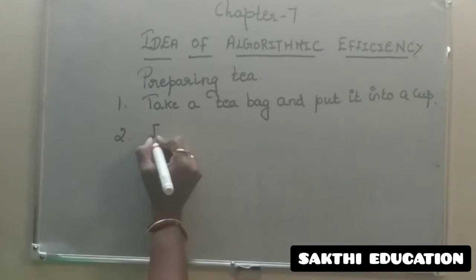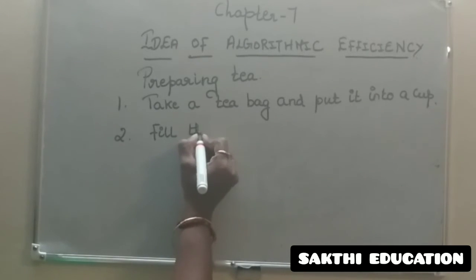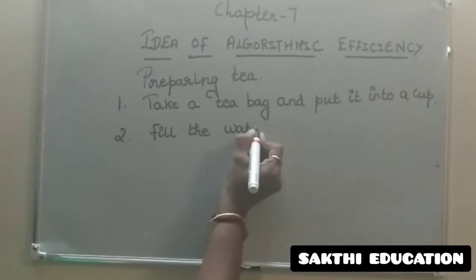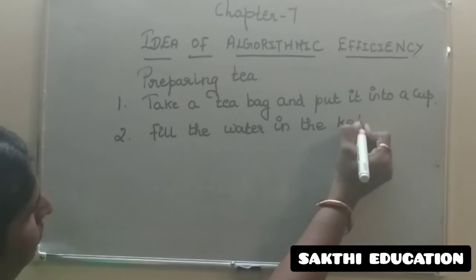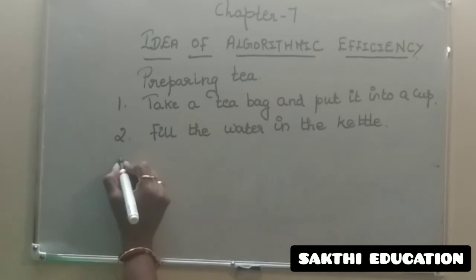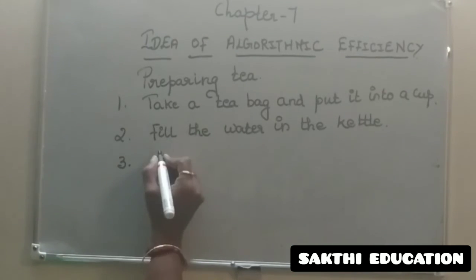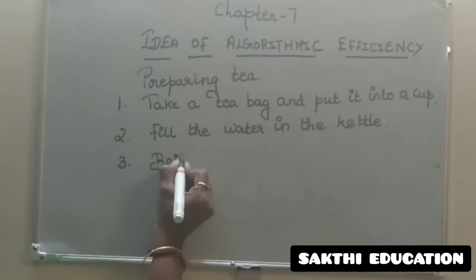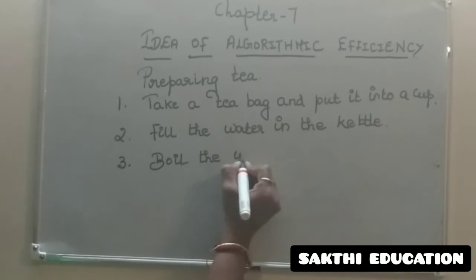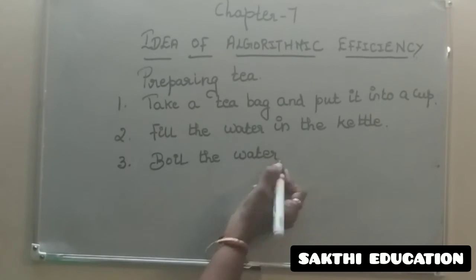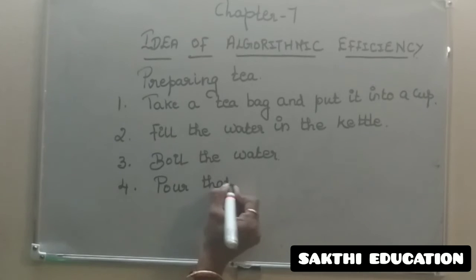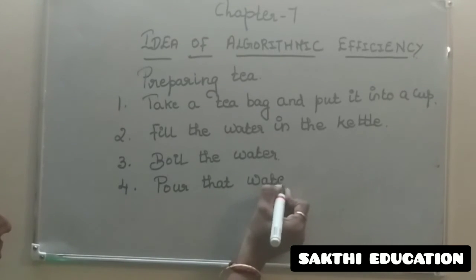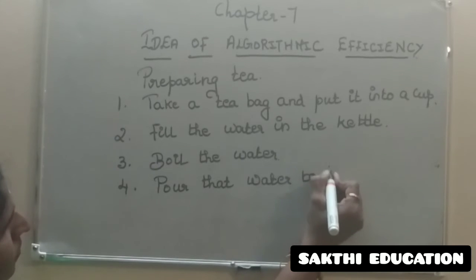Next, fill the water in the kettle. Next, the third step is boil the water. Fourth step, pour that water into the cup.